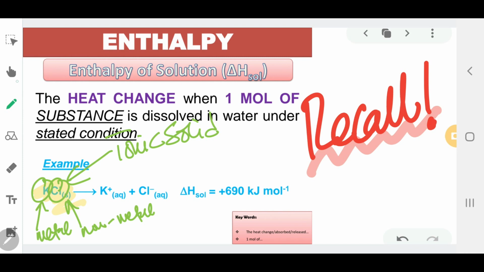So when you have a metal and a non-metal together as a compound, we know that this is an ionic solid. And when you add water, you can see the phase changes to aqueous. When you add water, they will be dissociated.